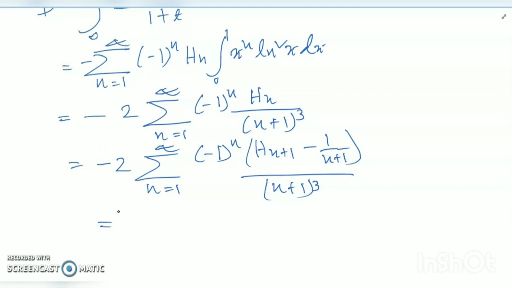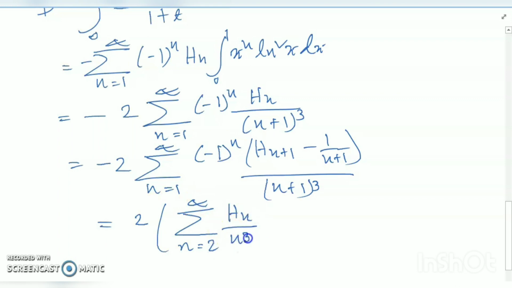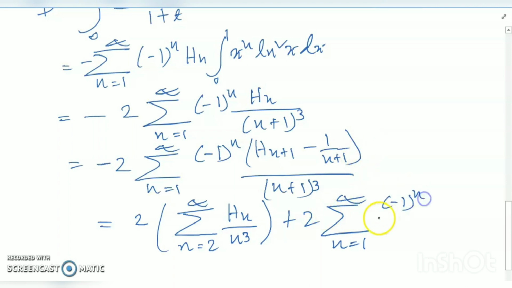So it can be written as 2, and summation is also changed. N equals to 1 to infinity, so it is 2 summation hn divided by n whole cube, plus 2 into summation n equals to 1 to infinity minus 1 to the power n divided by n plus 1.